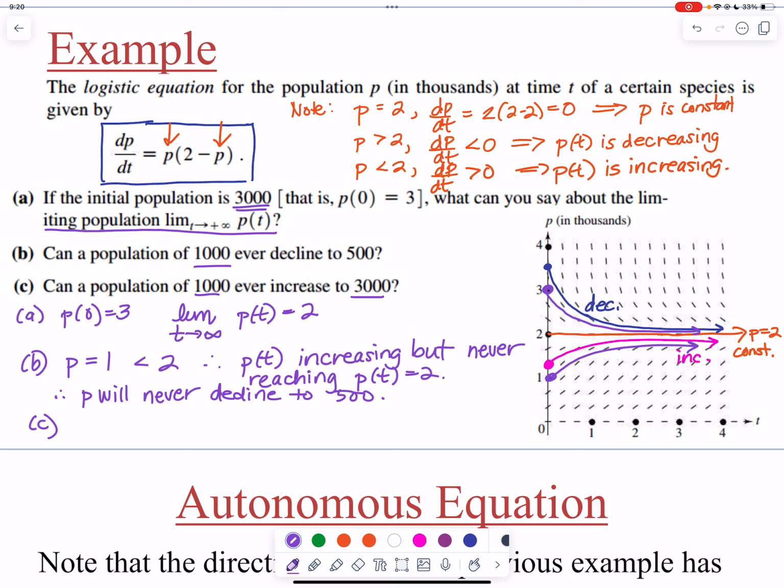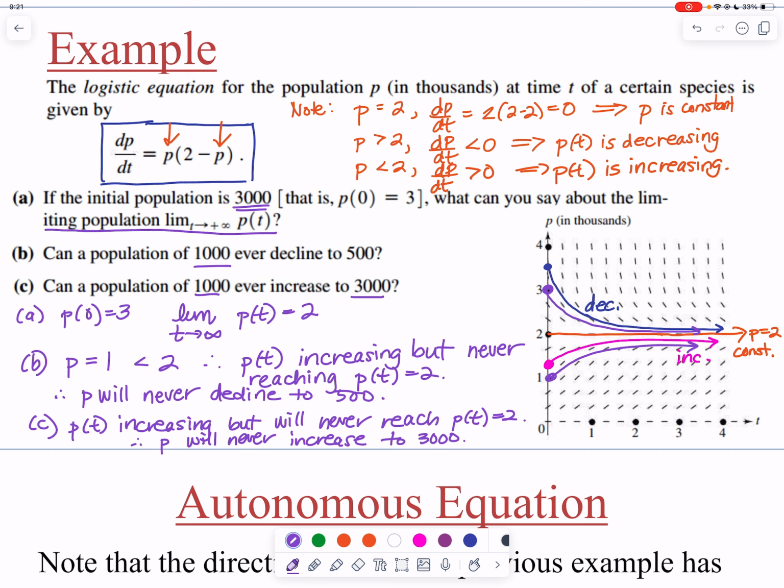So P of t is increasing, but will never reach P of t equal to 2. Therefore, P will never increase to 3,000.